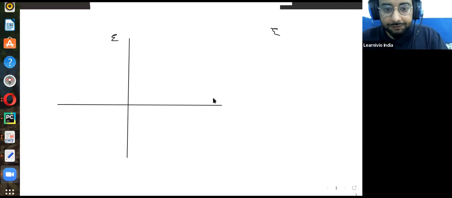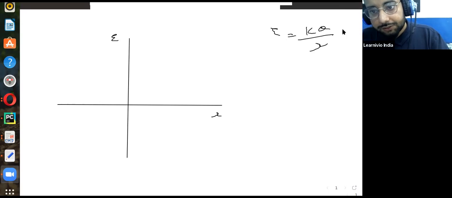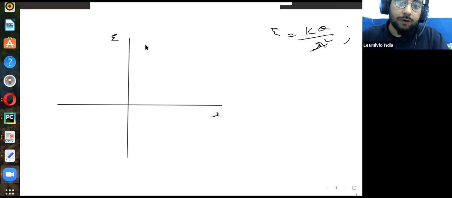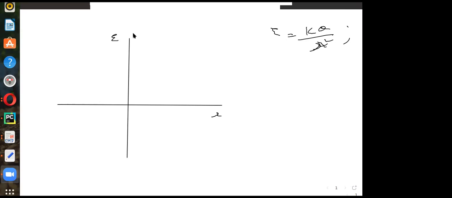The electric field we found out was kQ over r squared, right? So how does the graph of 1 by r squared look? How does it look? 1 upon r squared. Yes.